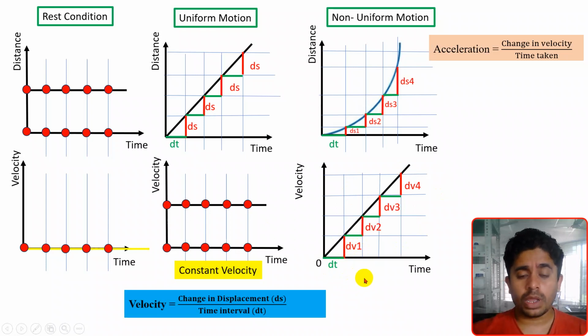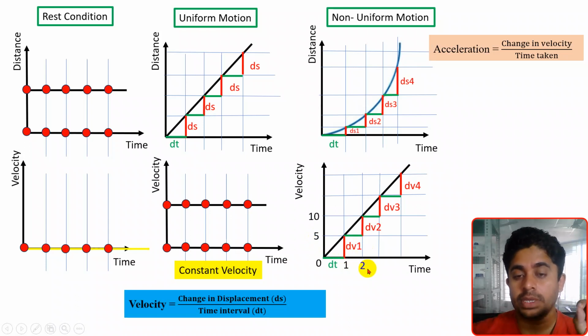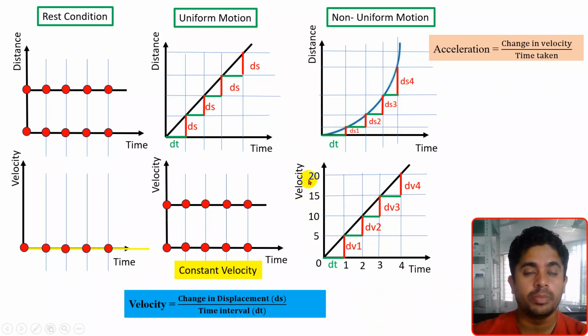When time is 0, the velocity is obviously 0. When time is 1 hour, the velocity is 5 kilometer per hour. When time is 2 hours, velocity is 10 kilometer per hour. When time is 3 hours, velocity is 15 kilometer per hour. When time is 4 hours, velocity is 20 kilometer per hour.